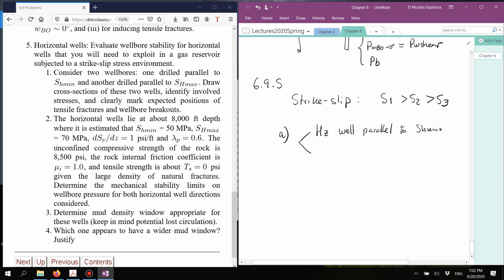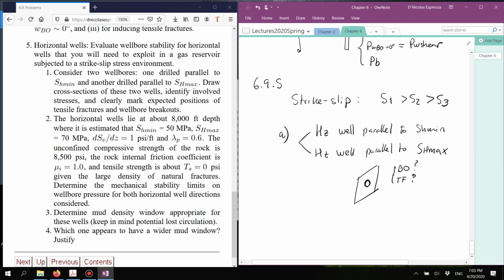And another one parallel to SH max. This is something similar to an example that I have in the notes. And in that horizontal wellbore, for that particular cross section, you have to tell me for a cross section of the wellbore, where are breakouts and tensile fractures going to occur.